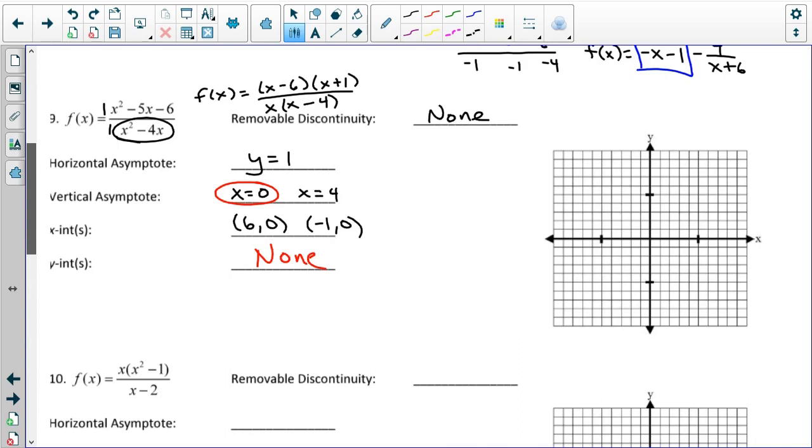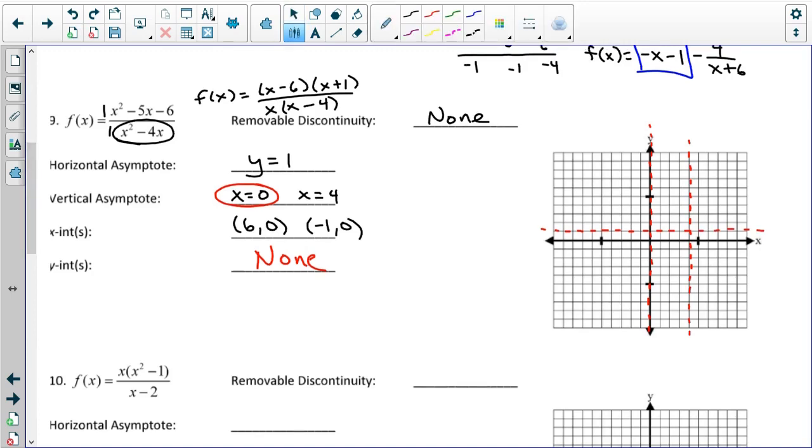So if I plot my vertical asymptotes at 0 and 4, my horizontal asymptote at y equals 1, and then I put my x-intercepts on the graph, excuse me, at x equals 6 and x equals negative 1, then I just have to basically plot my function.